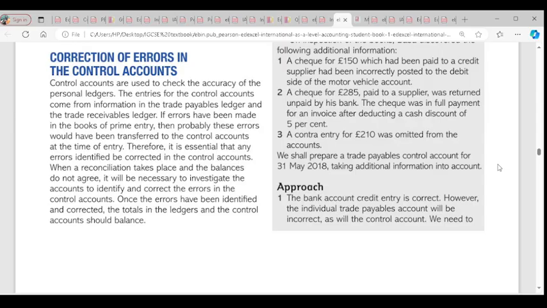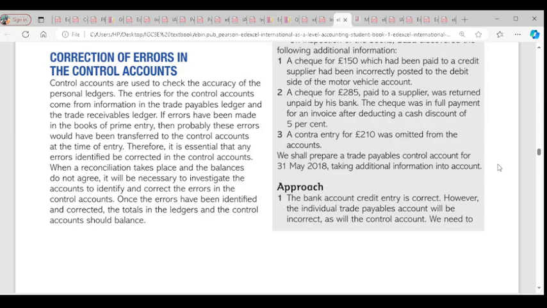So if the trial balance doesn't balance, then the control account will never balance, because it is expected that both trade receivable account and trade payables account have not been balanced yet. So if there are errors in the trade receivable account, there will be errors in the control account.